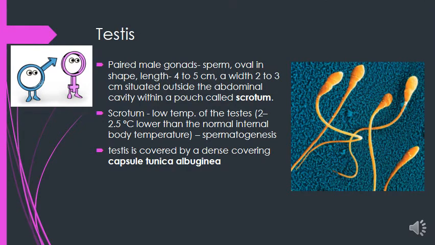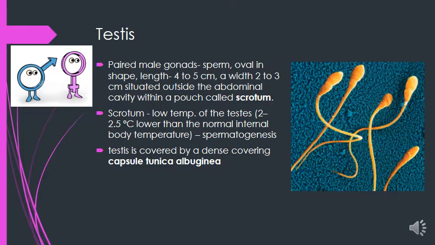Okay, so when we talk about the testes, they are the paired male gonads, and these form sperm. And these are oval in shape. And when we talk about the length, it is 4 to 5 centimeter, whereas the width is 2 to 3 centimeter. And these are situated outside the abdominal cavity within a pouch called scrotum.